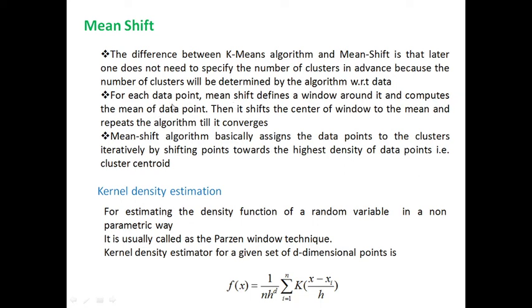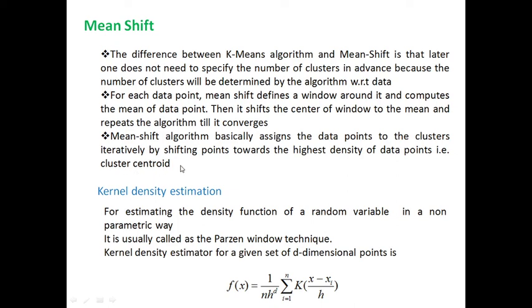For each data point, mean shift defines a window around it and computes the mean of the data points. Then it shifts the center of the window to the mean and repeats until it converges. So the mean shift algorithm assigns data points to clusters iteratively by shifting points towards the highest density of data points, in fact the cluster centroid.